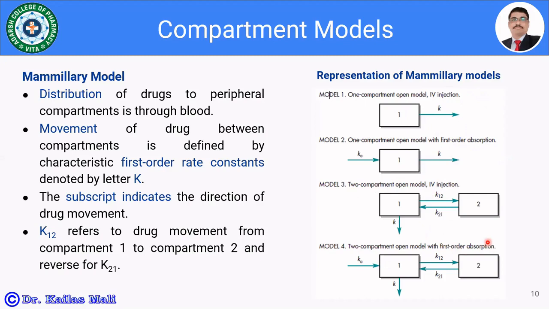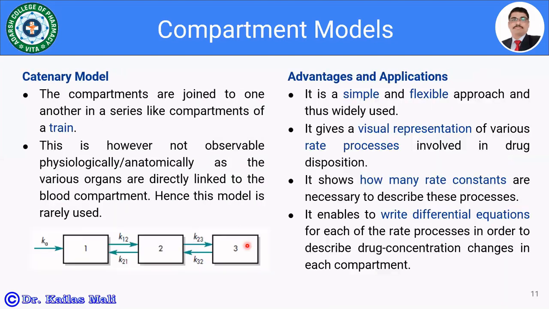So this is about the mammillary model. Let us see the catenary model. In the catenary model, the compartments are joined to one another in a series, like a train. So here this is the central compartment, isn't it?